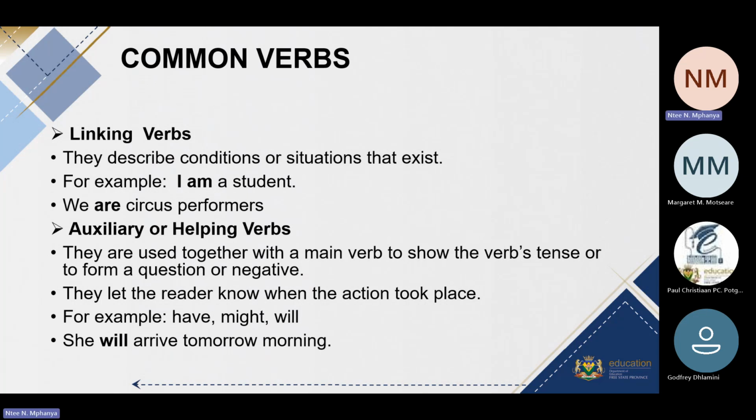Without will, it would be she arrived tomorrow morning. But now, the verb helps us to know that this sentence is in the future tense, because of will. She will arrive tomorrow morning. That's why we call them helping verbs. They help the verb to show the tense in which the sentence is.